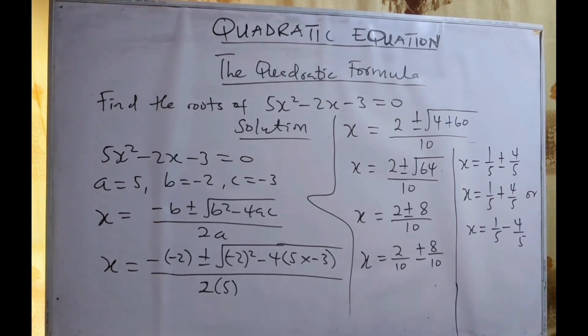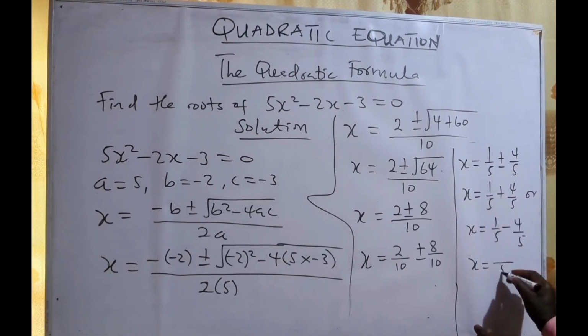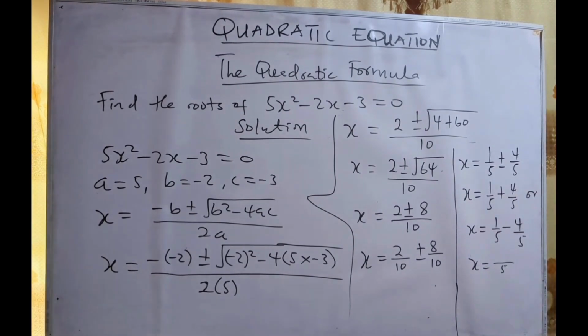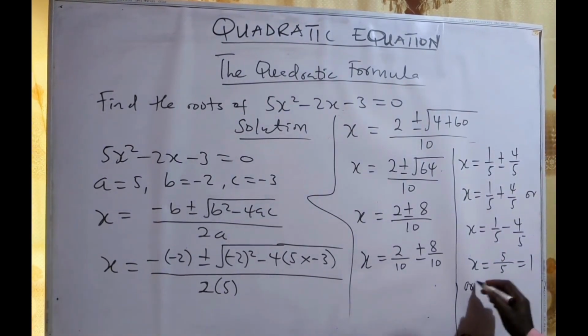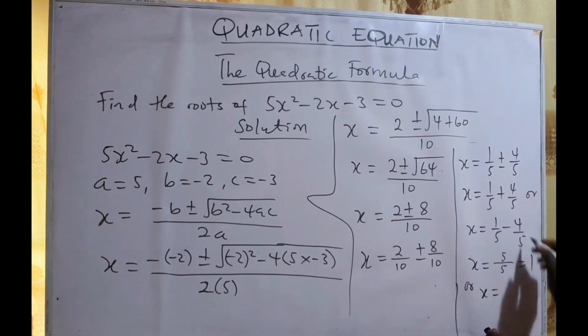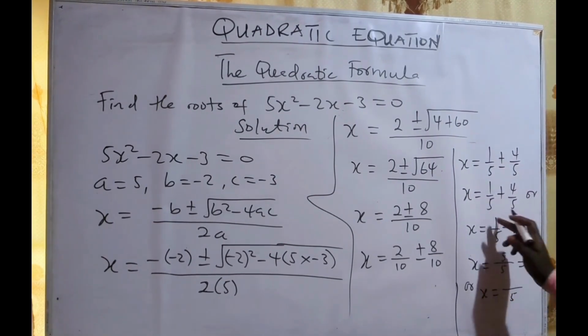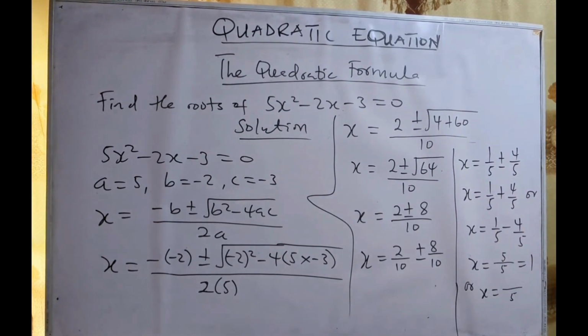Okay, so what is 1 over 5 plus 4 over 5? Our common denominator is what? Is 5. 1 plus 4 will give me 5. 5 over 5 is 1. Or my x, common denominator here is 5. 1 minus 4 is going to give me what? Minus 3.